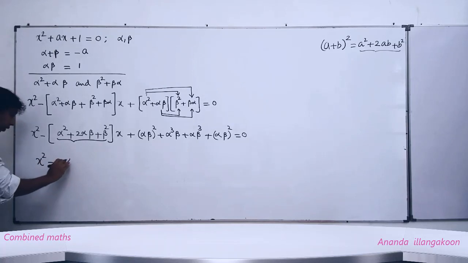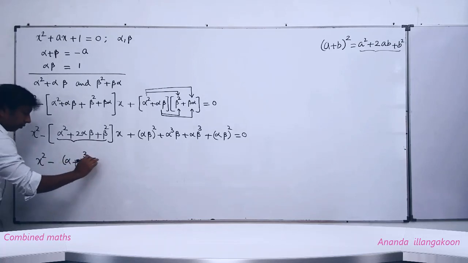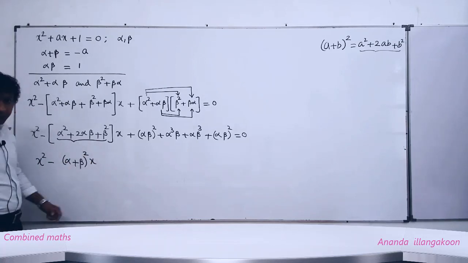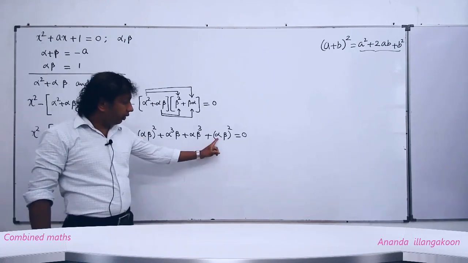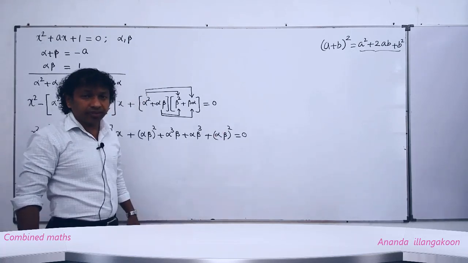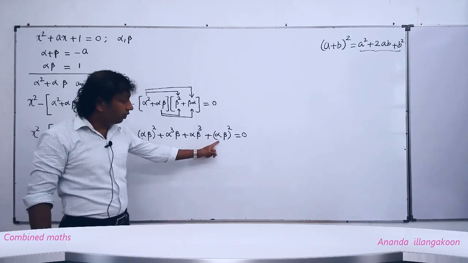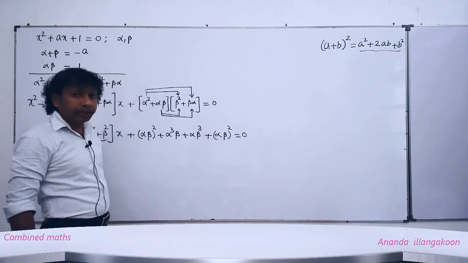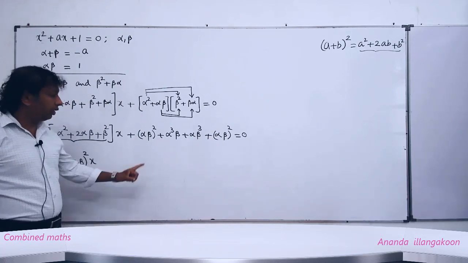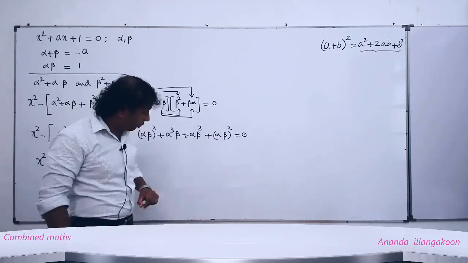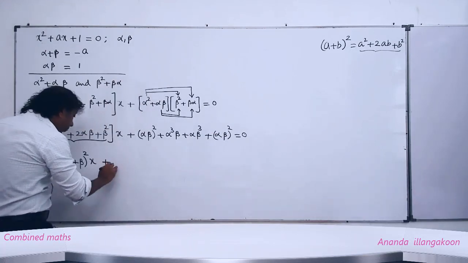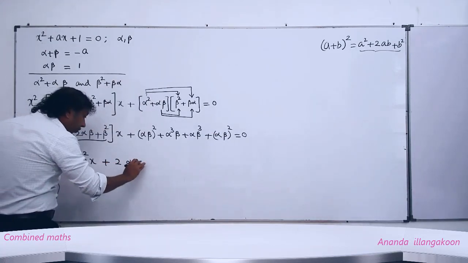What, people? Alpha plus beta perfect square, this trinomial, no? Times x. Here you can see alpha beta squared and alpha beta squared. That is like x squared plus x squared. It is 2x squared. Like that here, alpha beta squared plus alpha beta squared means, people, 2 times alpha beta perfect square.